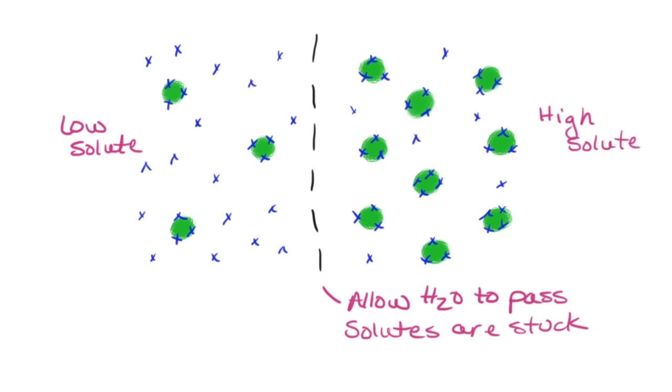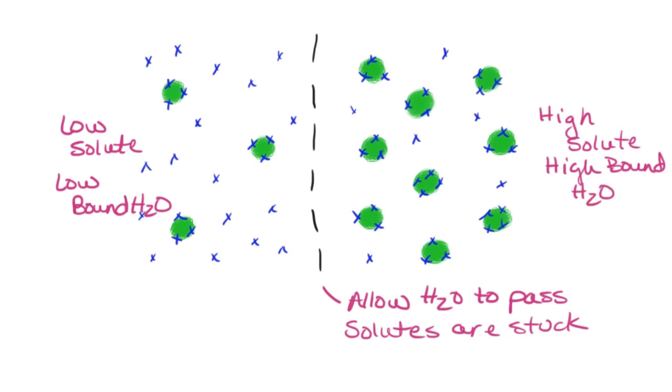So we have a difference in solute concentrations, which causes a difference in the bound water. Over here on the side that has the low solute, we're going to have low bound water. Over on the high solute side, we're going to have more of that water actually bound, so we'll have higher bound water.